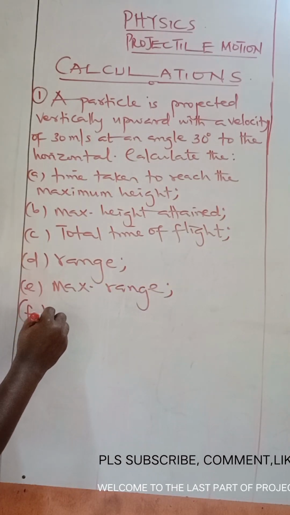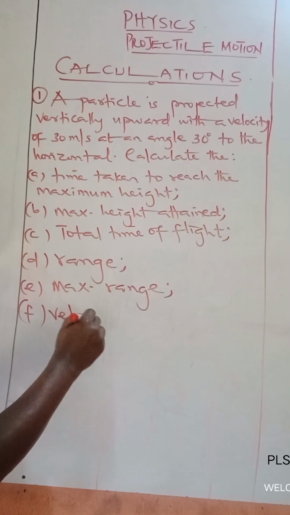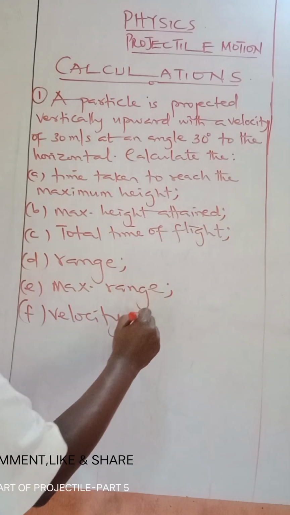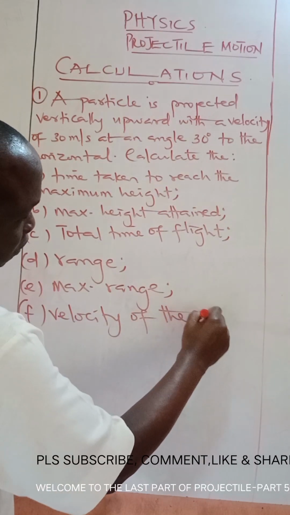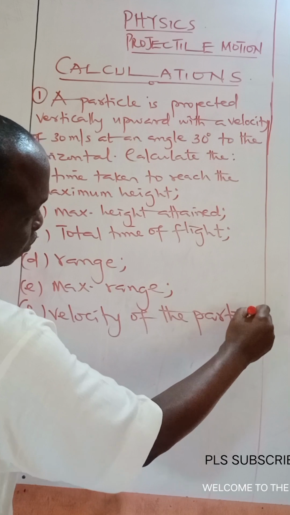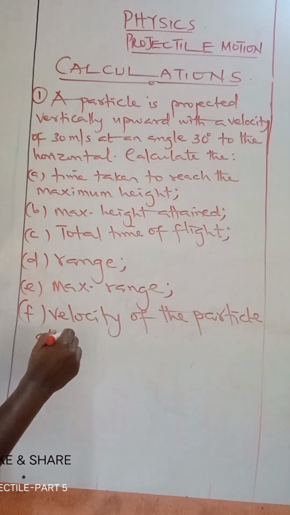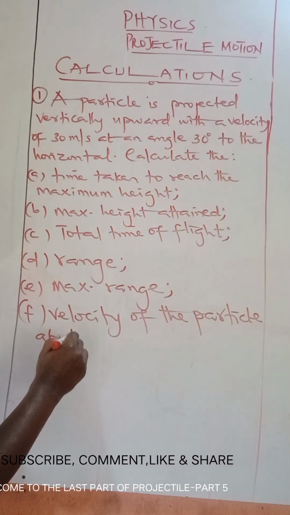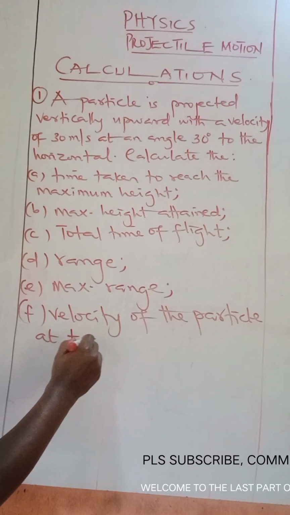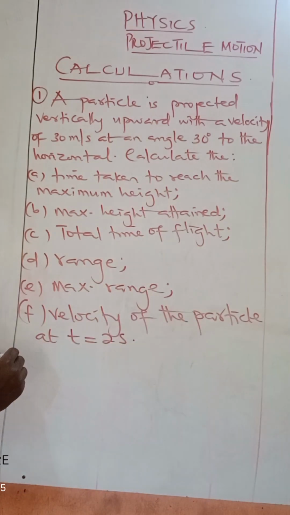F, the velocity of the particle at t equals 2 seconds.